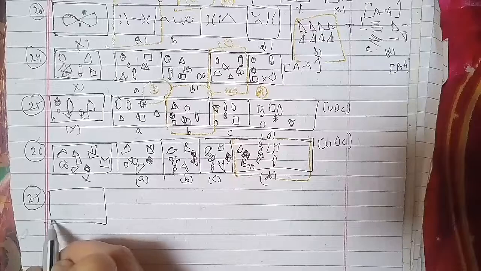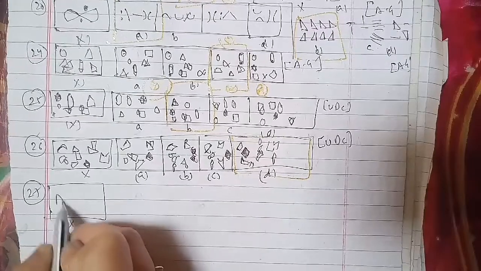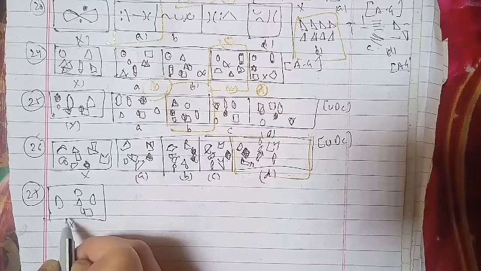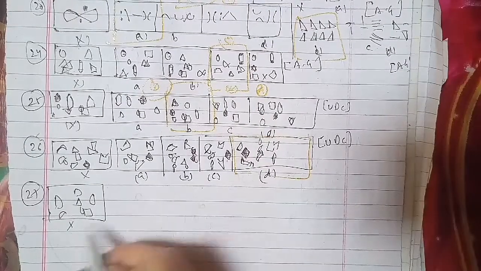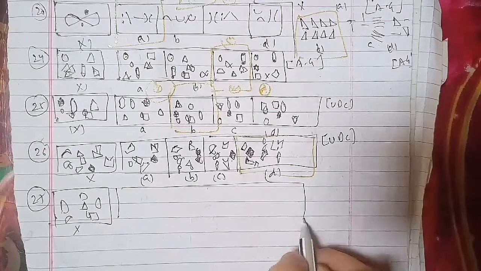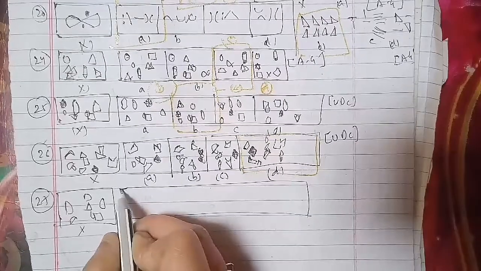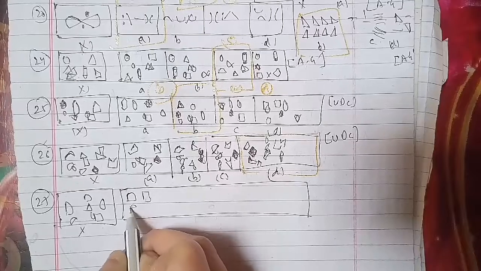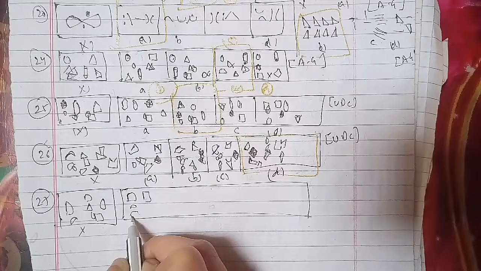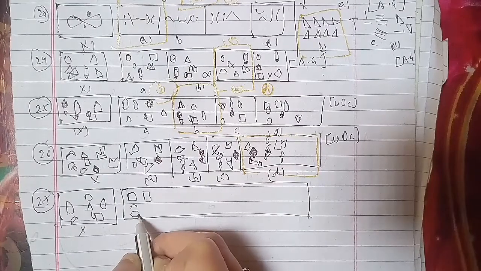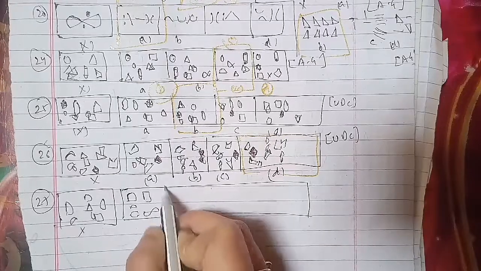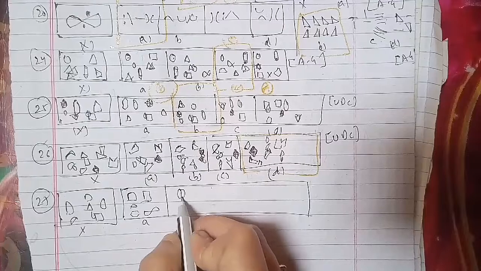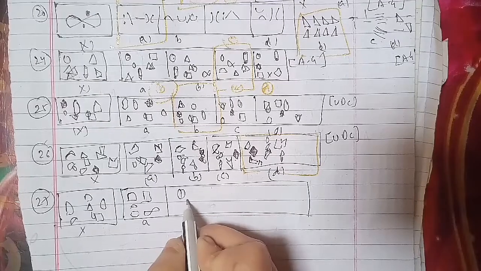This is for figure X. Figure X. Now we'll have your A, B, C, D. So for the same, it will be like this only. This is figure A. So the figure B we have like this, and that has been as follows.